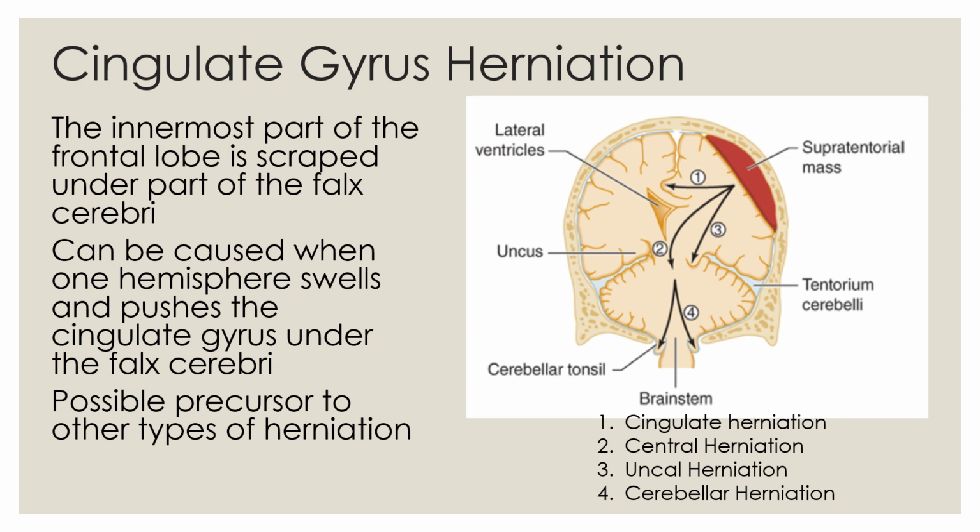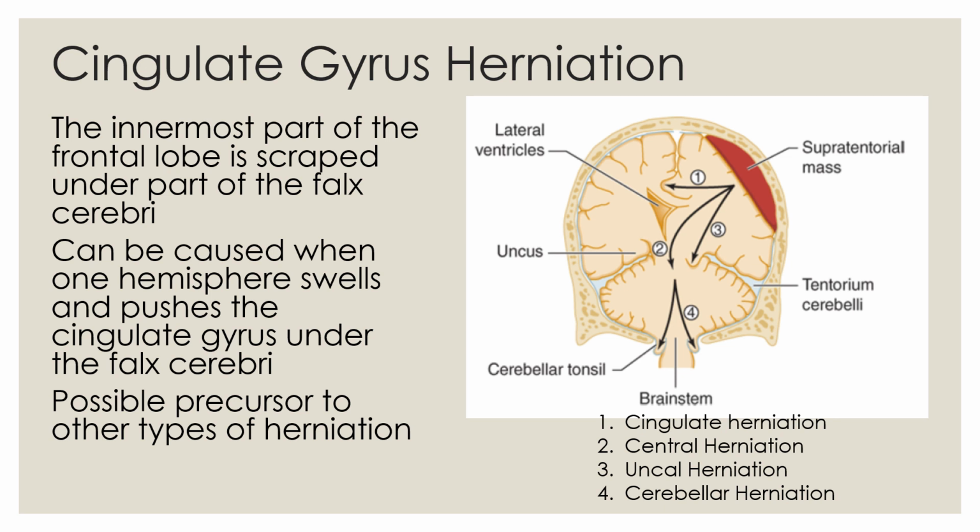Remember, the falx is this leathery extension of dura between the hemispheres, and it happens typically when one of the hemispheres of the cerebrum is subjected to pressure from either swelling, edema, or a mass effect, and it pushes this gyrus. The gyri, remember, are the mountains, not the valleys, and it pushes the cingulate gyrus under the falx cerebri.